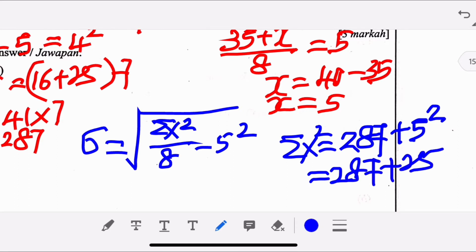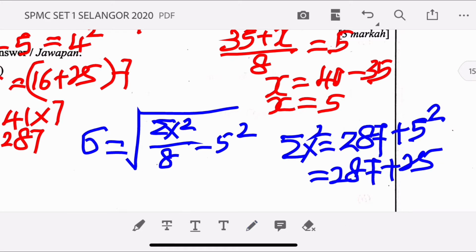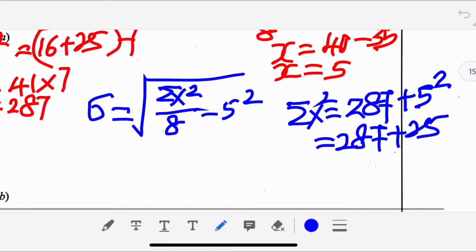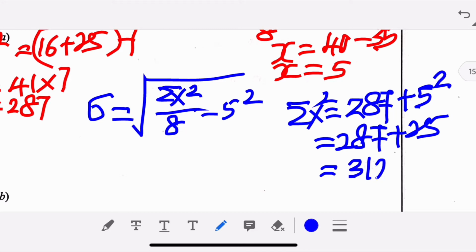Be careful when you do statistics. You must know how to apply it. So we take 287 plus the 5 squared, which is the data we added in. So the sum of the data square after we added the 5 will be 312.